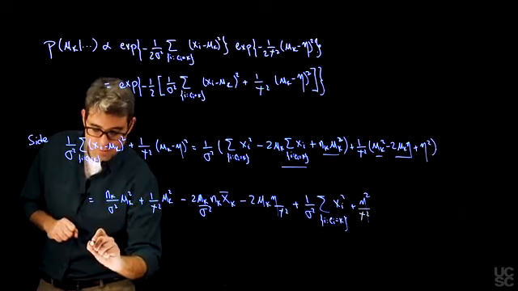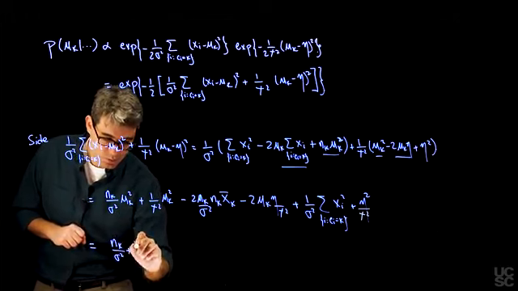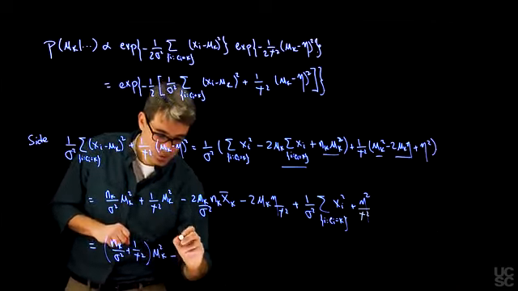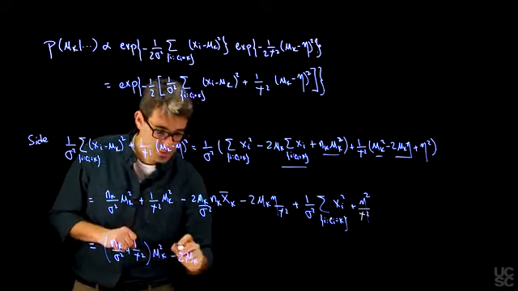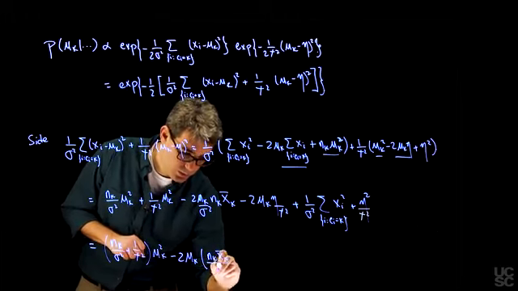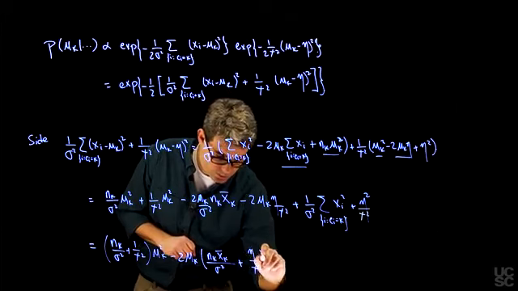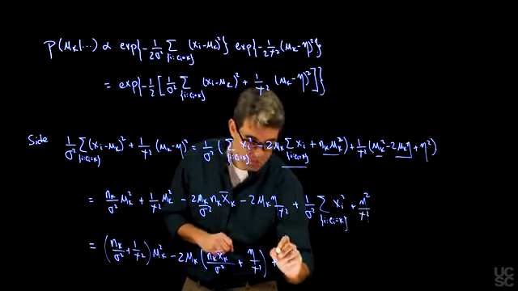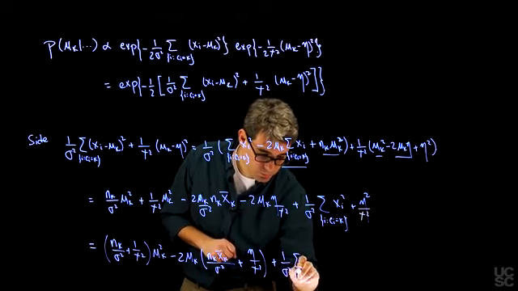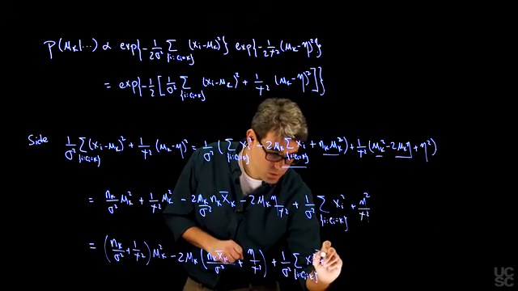And just compiling terms together, we are going to look at this as n sub k divided by sigma squared plus 1 over tau squared that multiplies mu sub k squared, minus 2 times mu sub k that multiplies n sub k x bar sub k divided by sigma squared plus eta divided by tau squared, plus the leftover terms, 1 over sigma squared sum over the i's such that c sub i is equal to k of x_i squared plus eta squared over tau squared.